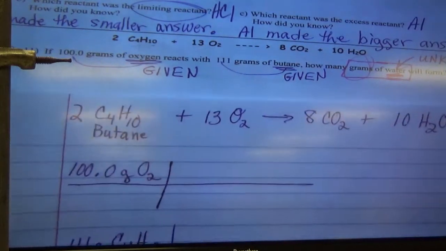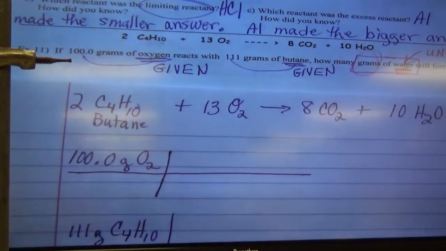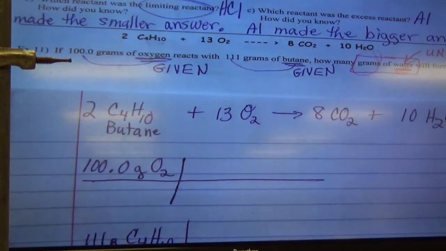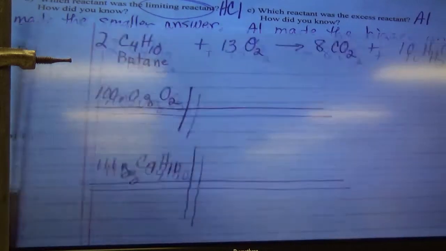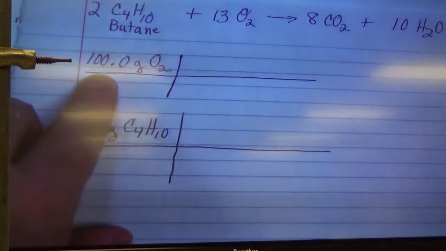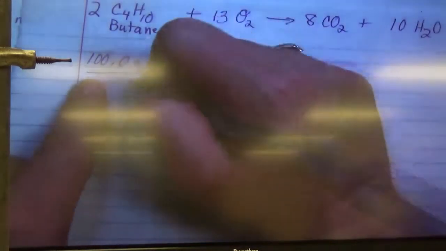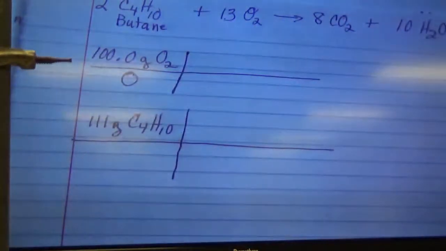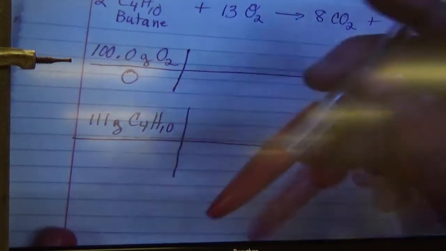Okay. So I've copied the equation to my paper so that when I write bigger, you can still see everything. All right. We're going to start with 100 grams of oxygen. This time the question says grams, so you know we're going to need the molar mass of oxygen.